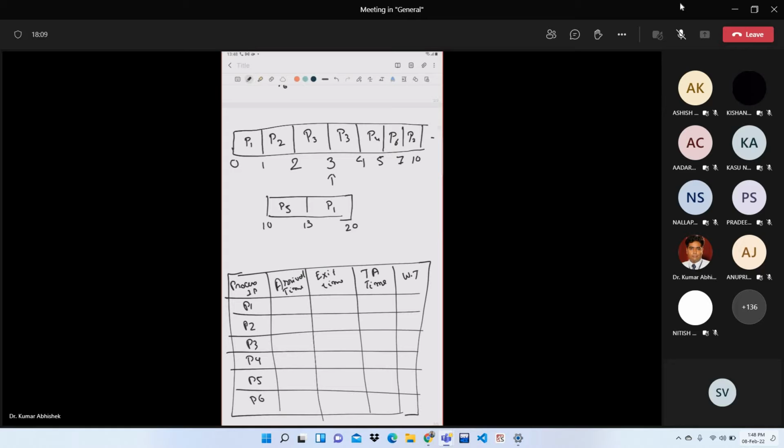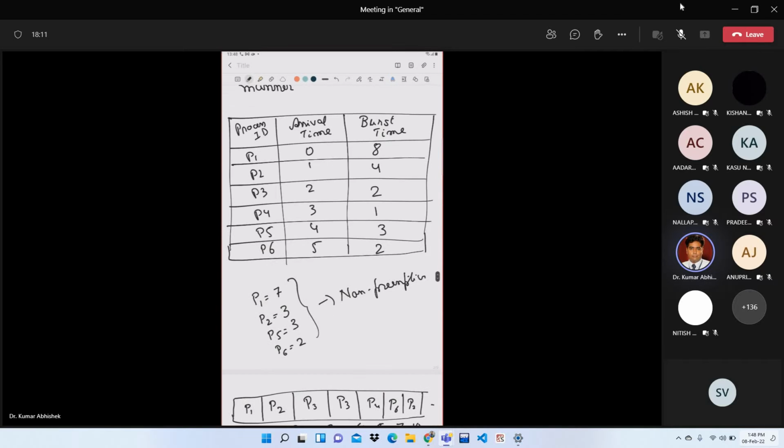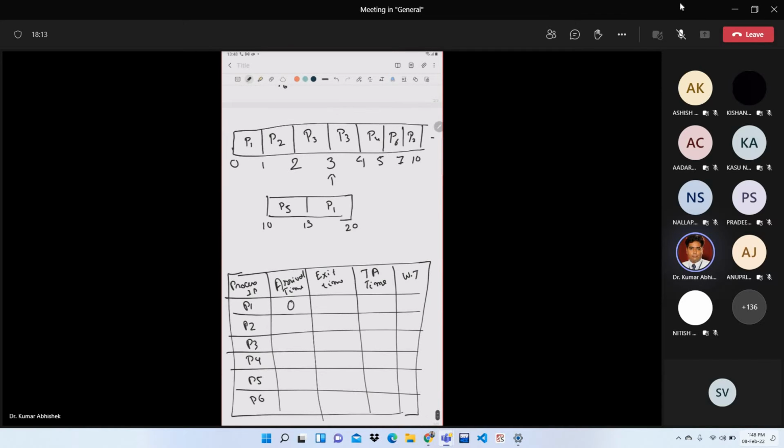Arrival time is 0, 1, 2, 3, 4, 5. Exit time of P1 is 20. Exit time of P2 is 10. Exit time of P3 is 4. Exit time of P4 is 5.